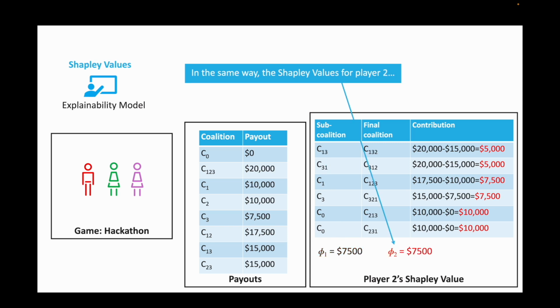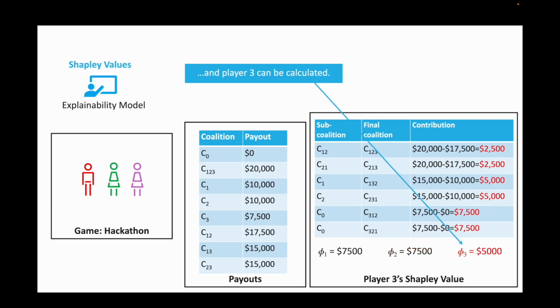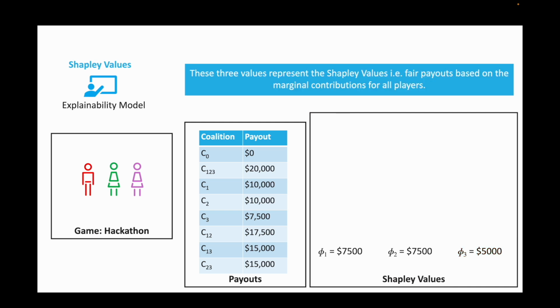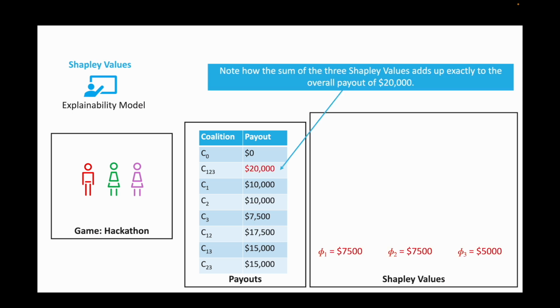In the same way, the Shapley values for player 2 and player 3 can be calculated. These three values represent the Shapley values, that is, fair payouts based on the marginal contributions for all players. Note how the sum of the three Shapley values adds up exactly to the overall payout of $20,000.